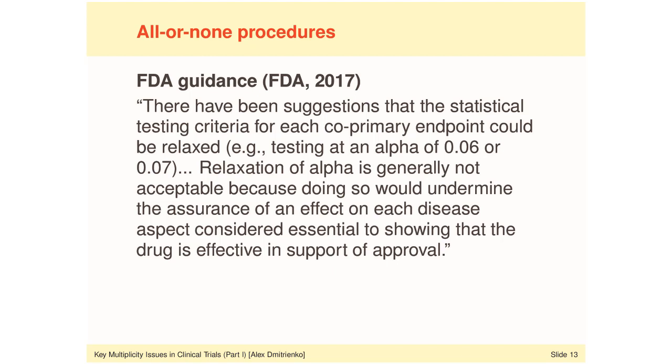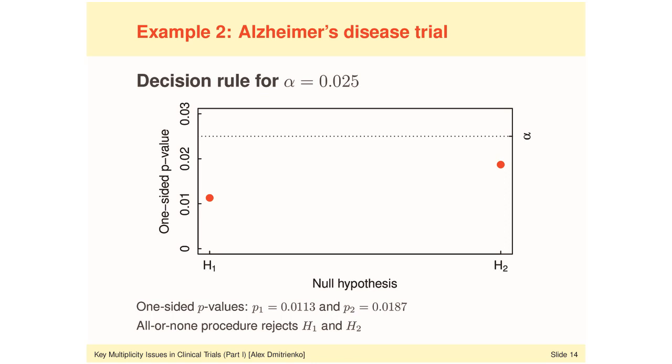Each endpoint must be tested at the predefined alpha, for example, a one-sided alpha of 0.025, and this is the complete solution to the intersection union multiplicity problem. But before we close the door on all or none procedures, let us quickly illustrate procedures in this class.